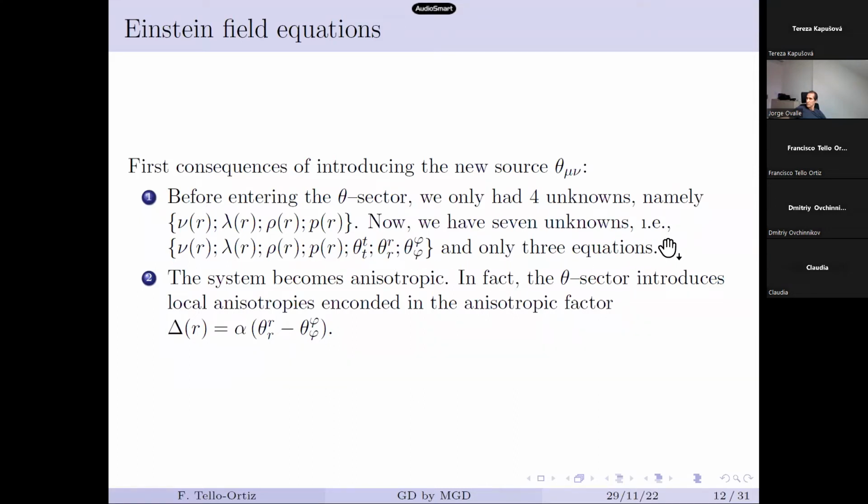Then it is obvious from the mathematical point of view that we cannot solve this problem, okay? We cannot solve this system to find out 7 unknowns if I have 3 equations. And also, the system becomes anisotropic in nature, okay? Because the theta sector introduced local anisotropies, and these anisotropies are encoded by the so-called anisotropy factor given by delta.